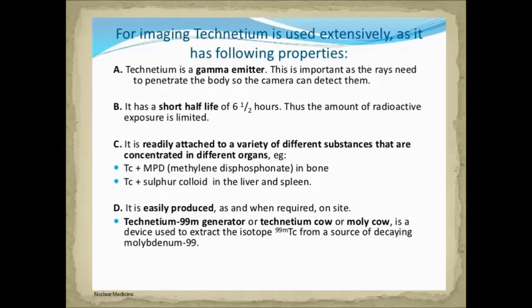You only choose a special molecule which has affinity to the tissue of our interest, and combine this molecule with the radioisotope of technetium. It's easily produced on site, just before administration.